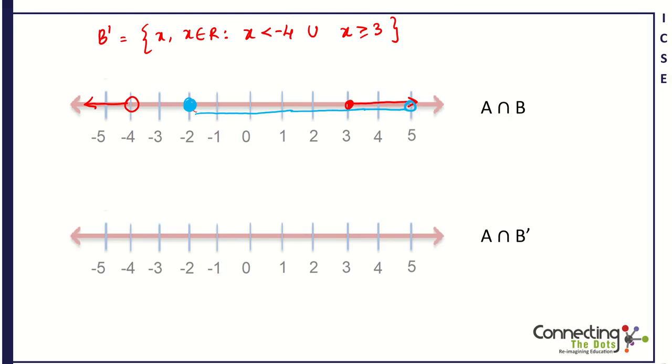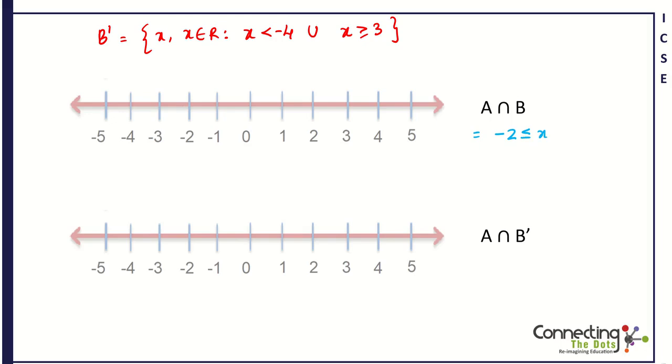So it's possible to find A intersection B and A intersection B naught. First, let's do A intersection B. So A intersection B will be between negative 2 and 3. So let me erase this and represent that.